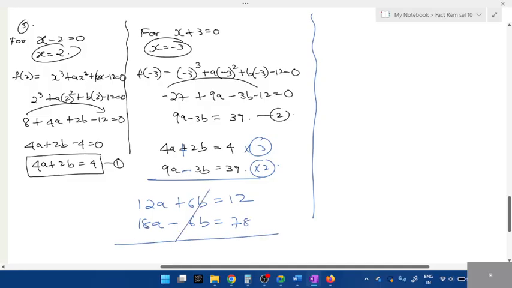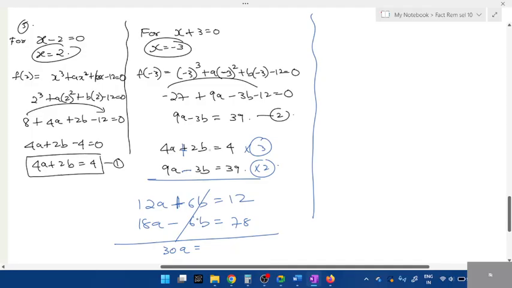What do you get? We don't have to change the signs, right? Why do we need to change the sign? B is plus in one and minus in the other, right?